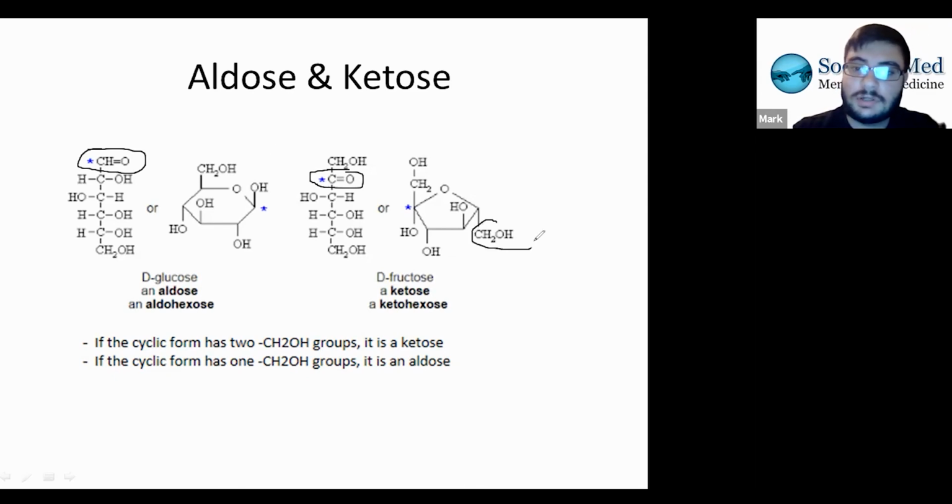So you can see here and here, or this whole thing, I should say. It's a ketose. If it only has one, it's an aldose, like right here. The one we've been looking at, glucose, is an aldose, so it's easy to see. But yeah, that's how to know the difference, especially in the Fischer projection. But I would also suggest learning it here.